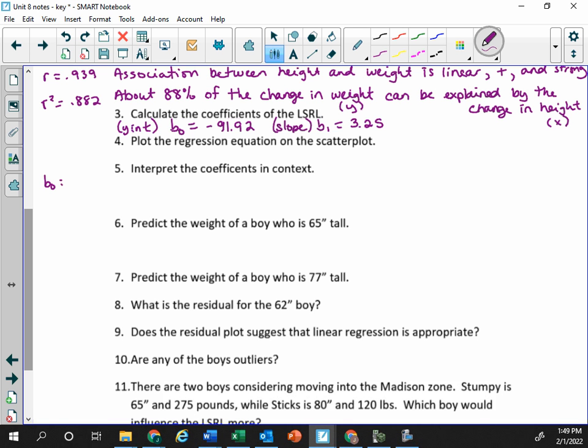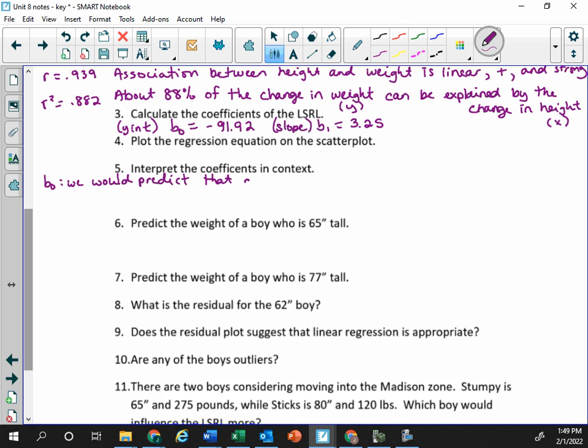Yeah, remember when we said the y-intercept usually makes no sense? This is another example of that, okay? So, you'd say, we would predict, because that's what we're talking about. We're always making predictions here.